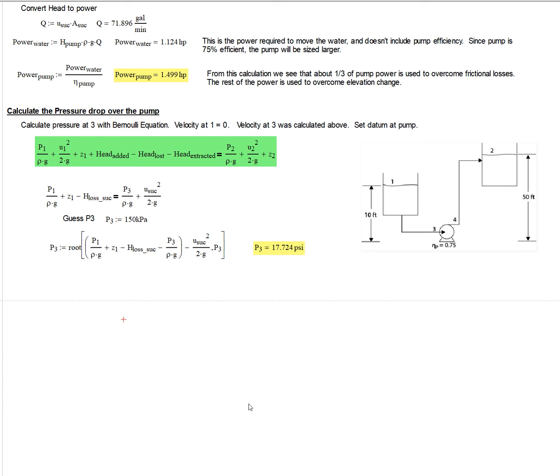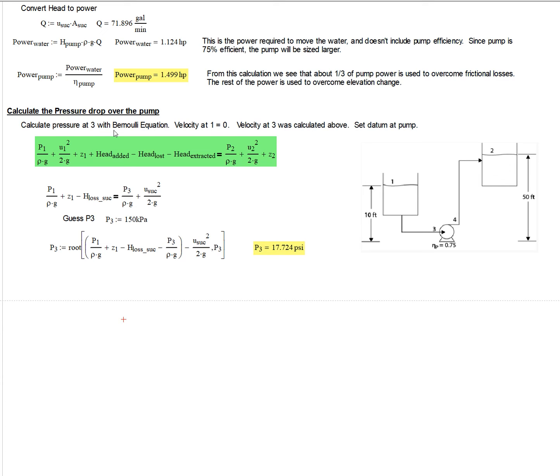Because the pipe has different diameters, I've broken this up into two parts of the calculation. I'm applying the Bernoulli equation from position 1 to position 3 so we can calculate the pressure at 3. And then I will apply the Bernoulli equation from position 4 to position 2 so that we can calculate the pressure at position 4, and then we will calculate our overall pressure drop.